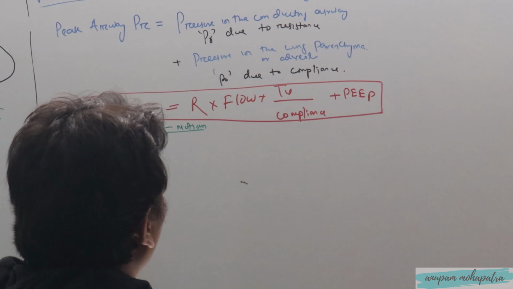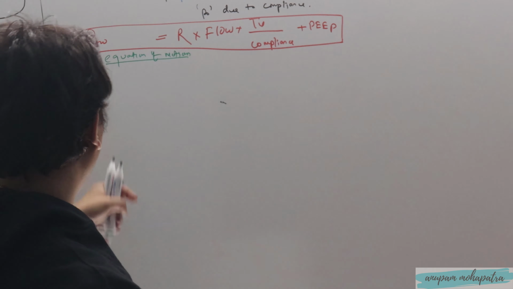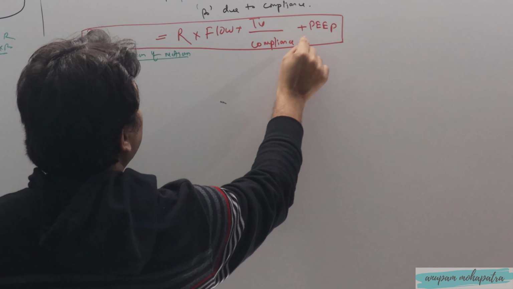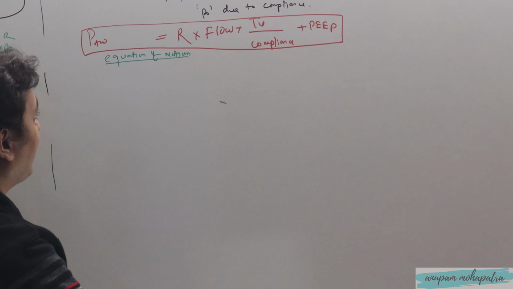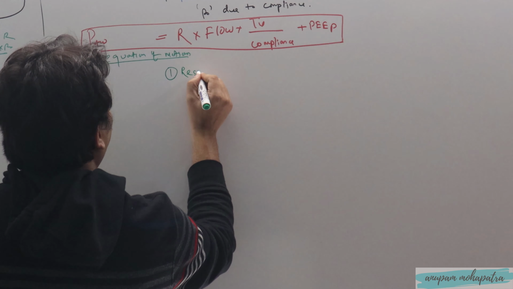Now we'll discuss what are the factors that can increase this peak airway pressure. Each and every factor can increase the peak airway pressure. We'll discuss one by one. First is resistance.